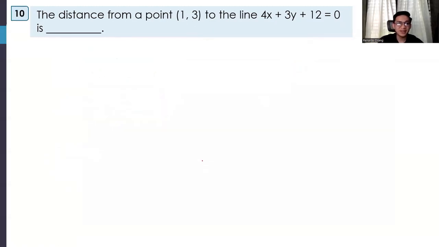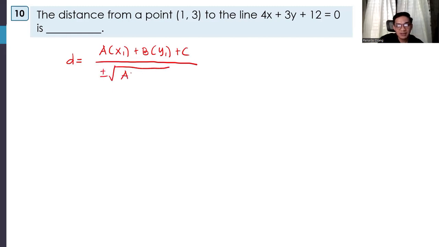Ayan. Number 10. The distance from point 1, 3 to the line 4x plus 3y plus 12 is equivalent to 0 is blank. So, again, class, our formula is just the same as before. D is equivalent to A multiplied by x sub 1 plus B multiplied by y sub 1 plus C divided by the square root of positive or negative A squared plus B squared.